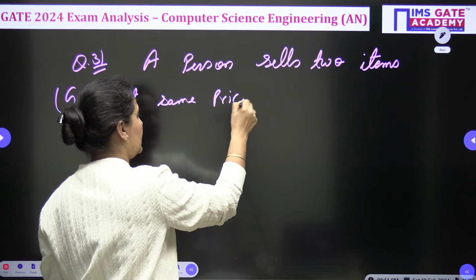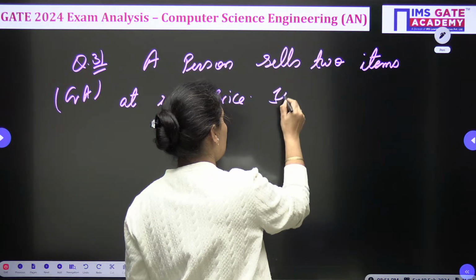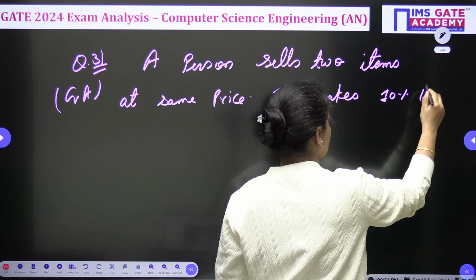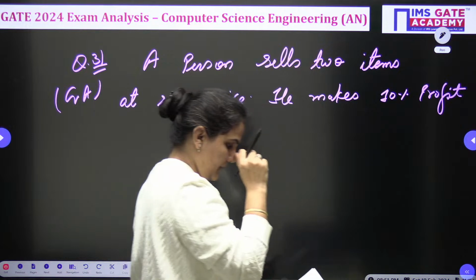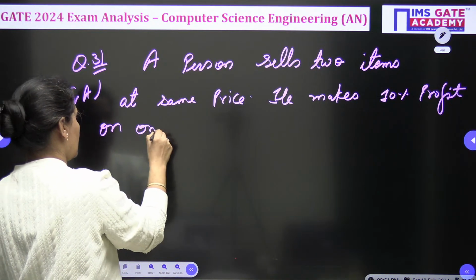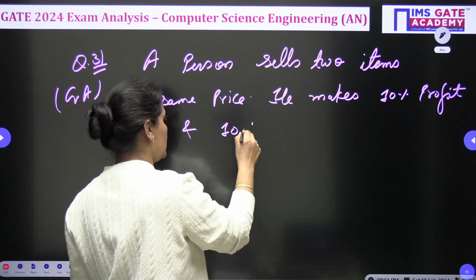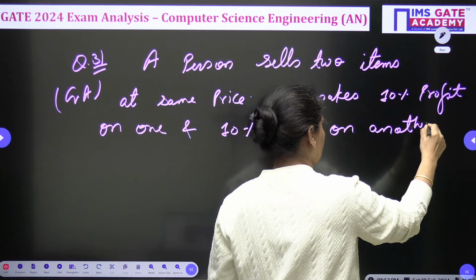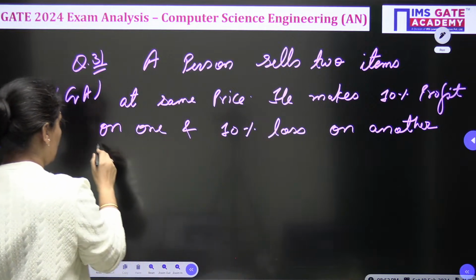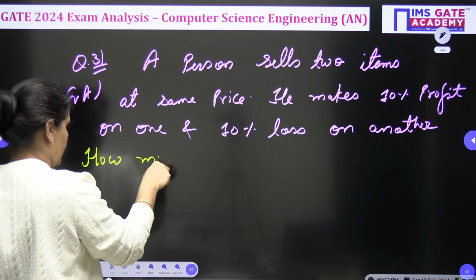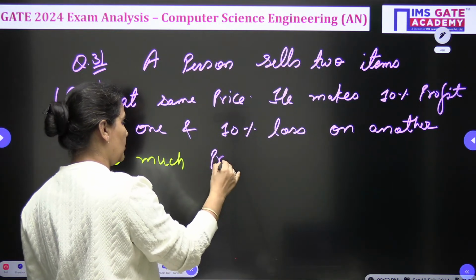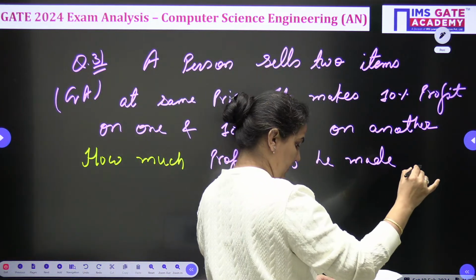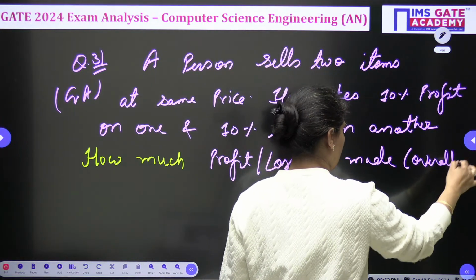He makes 10% profit on one and 10% loss on the other. So how much profit or loss did he make overall? Overall means all together.